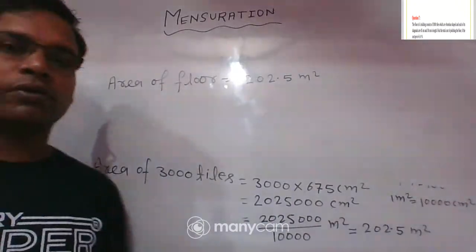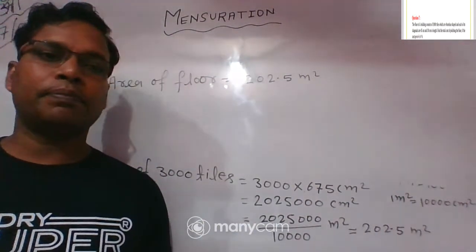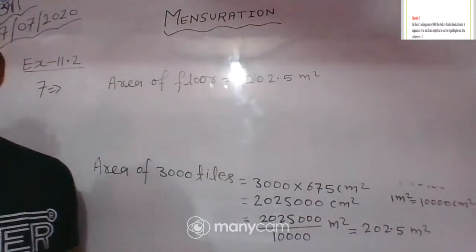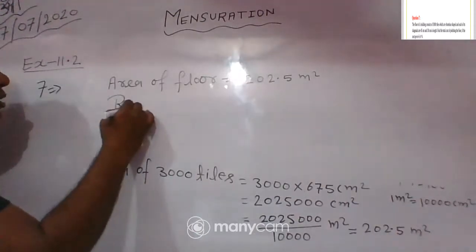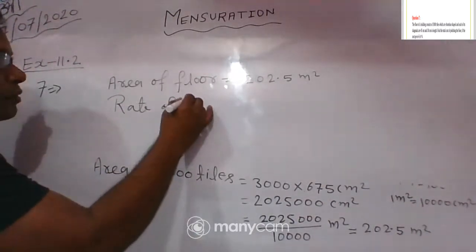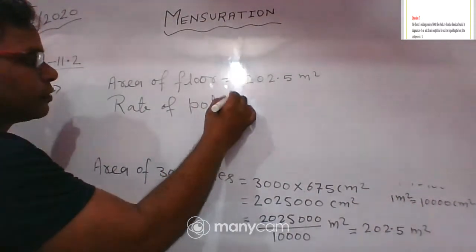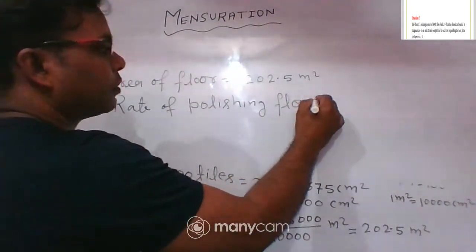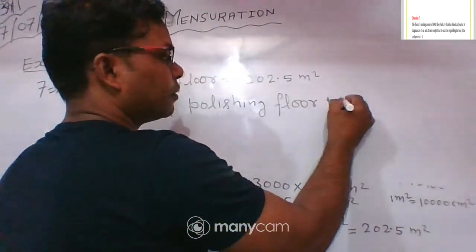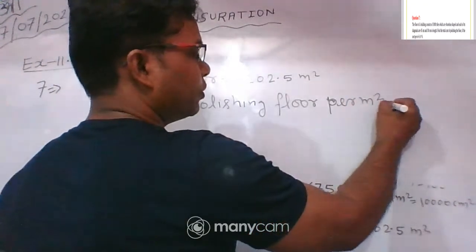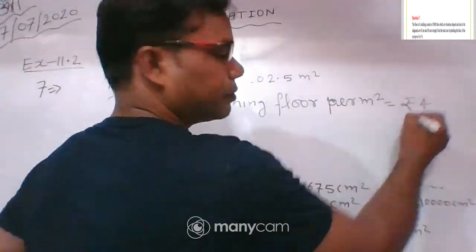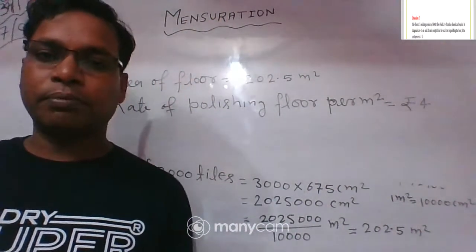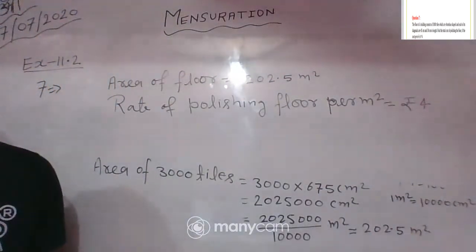Okay. So what is the rate of polishing the floor? The rate of polishing the floor per meter square is equal to rupees 4. This is the given rate of polishing the floor per meter square, rupees 4.